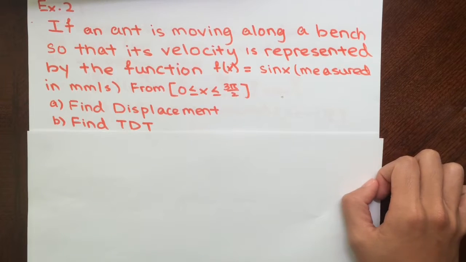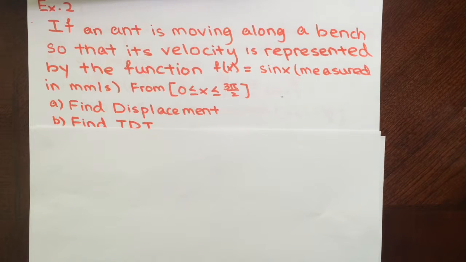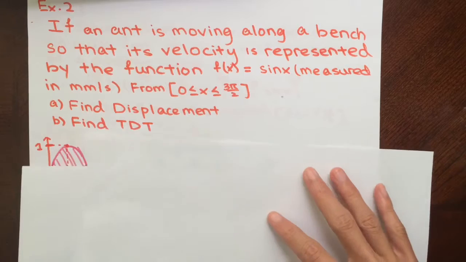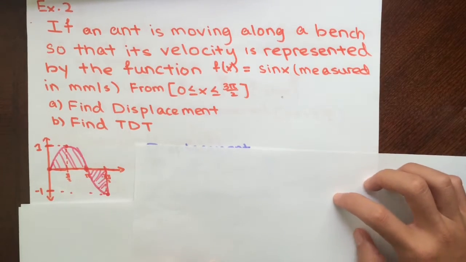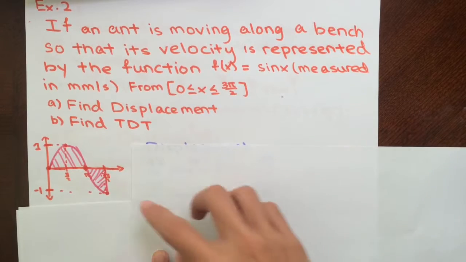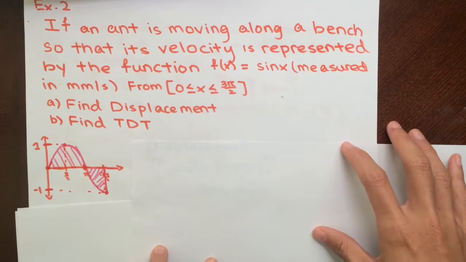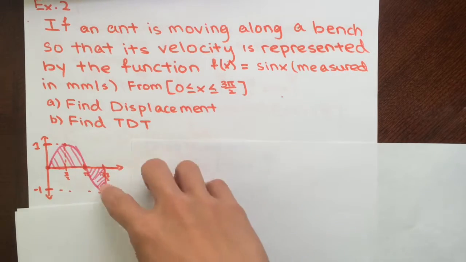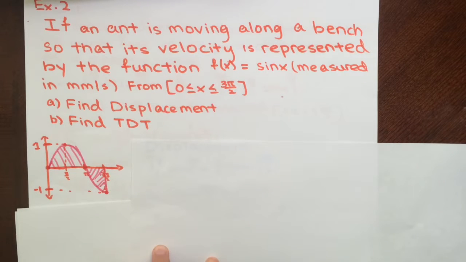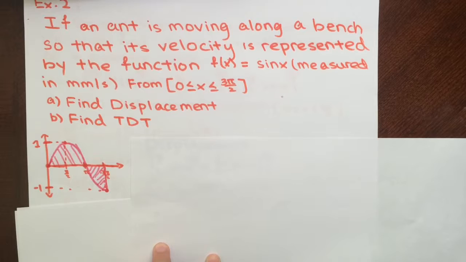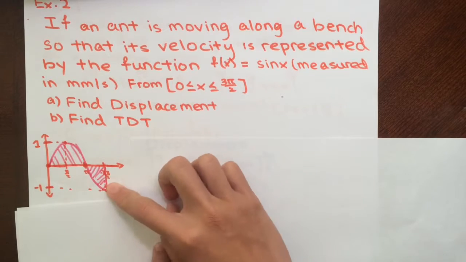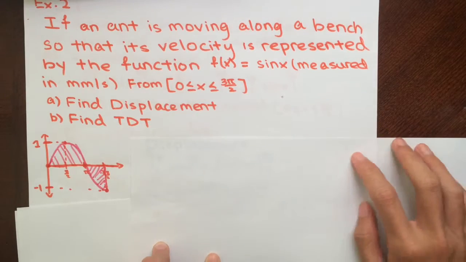It asks us to A, find the displacement, and B, find the total distance traveled. With f of x equals sine of x, we can graph it, and now we see an area under the x-axis. This is quite different from the example before, because now we have to account for this so-called negative area down here.